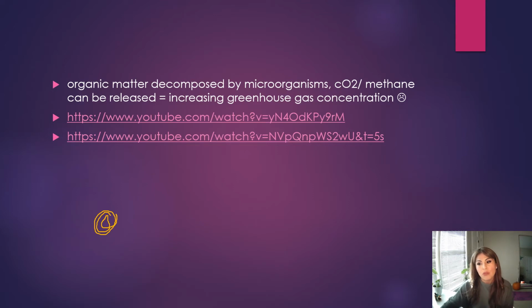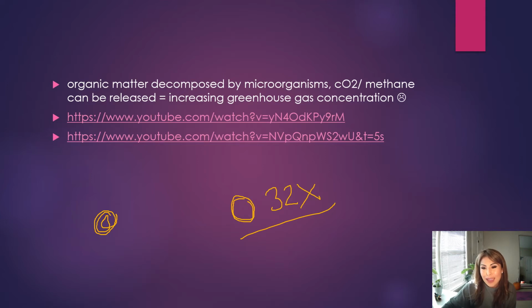So you have a molecule of CO2 being released into the atmosphere when that permafrost melts, but you also have methane. Now, methane is 32 times more potent as a greenhouse gas than one molecule of carbon dioxide. So not only do you have CO2, but you also have methane. And so it is incredibly dangerous as a greenhouse gas.